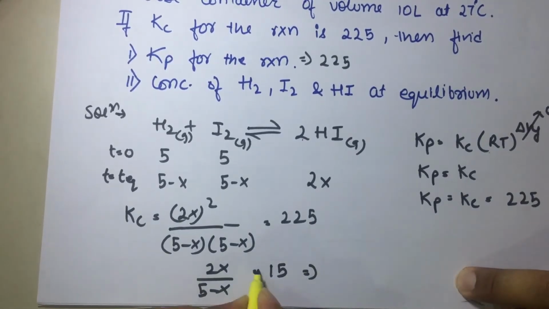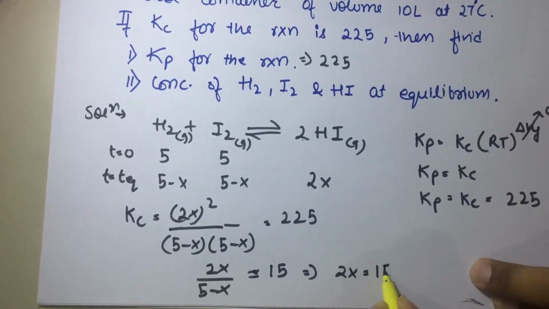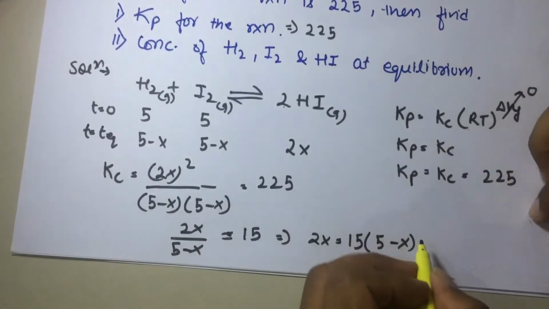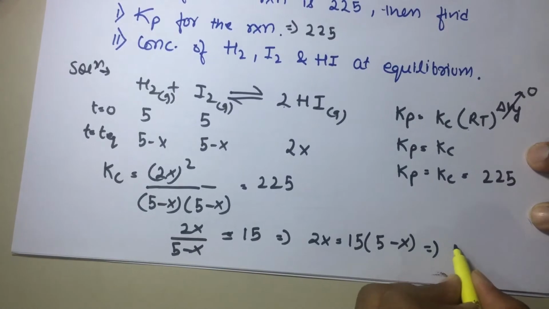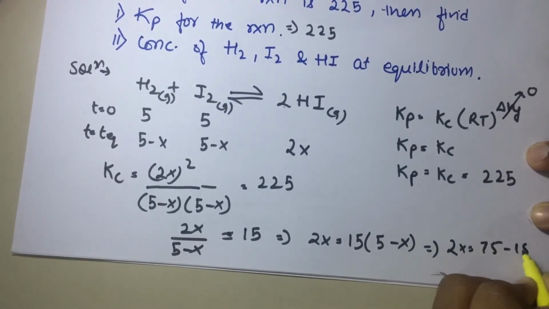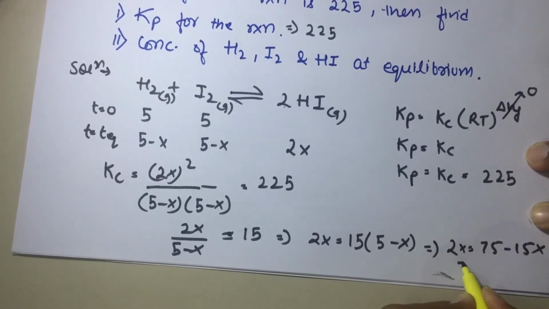We will easily solve this equation. 15 times (5 minus x). Now we can write 2x is equal to 75 minus 15x. Further it will become 17x is equal to 75.